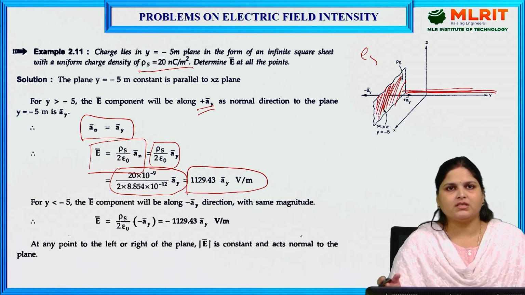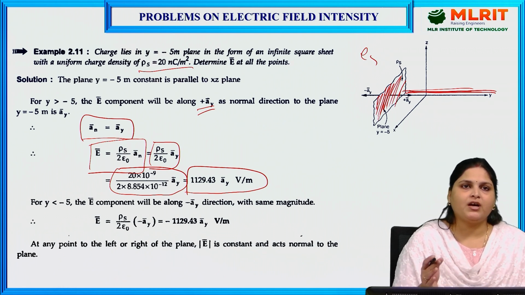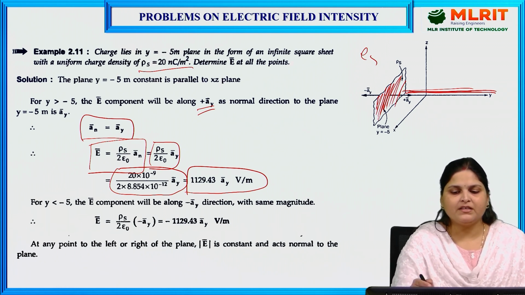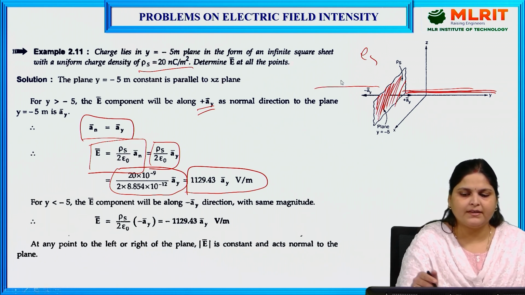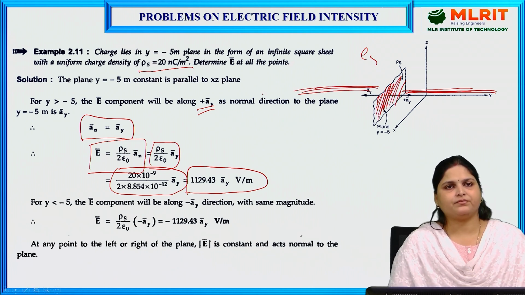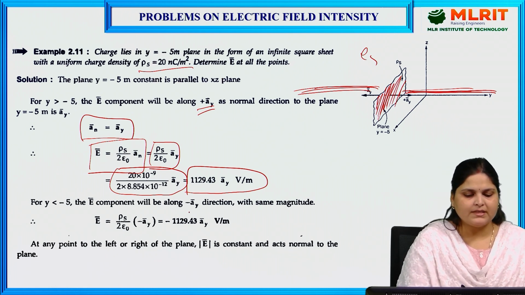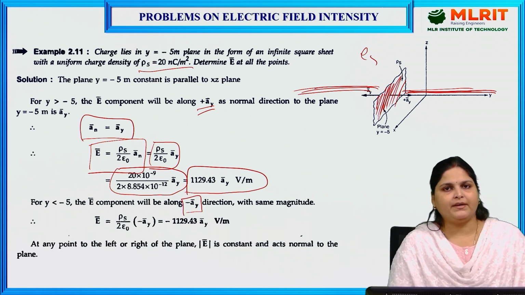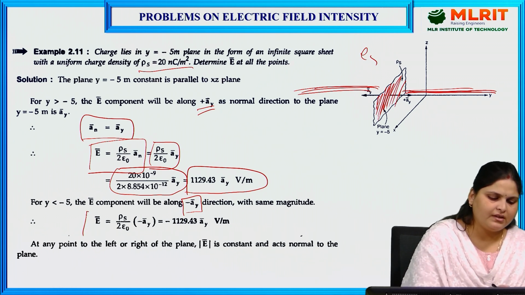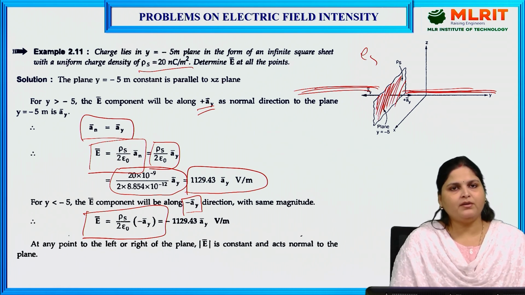Now this is the positive side. Next, we will consider all the points which are less than minus 5. Less than minus 5 means this side, the left hand side. So it is obvious that this AN will be minus AY. Magnitude will be the same. Now let us put it into the formula. It will become rho s upon 2 epsilon naught minus AY.